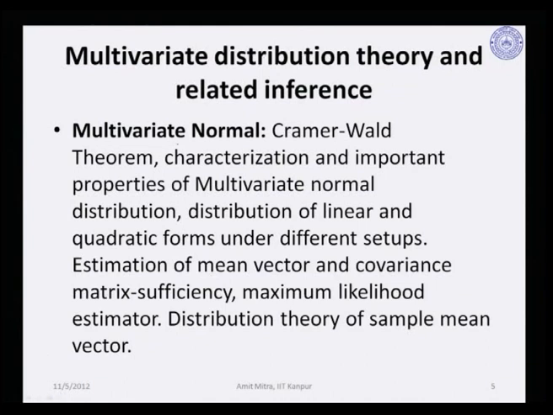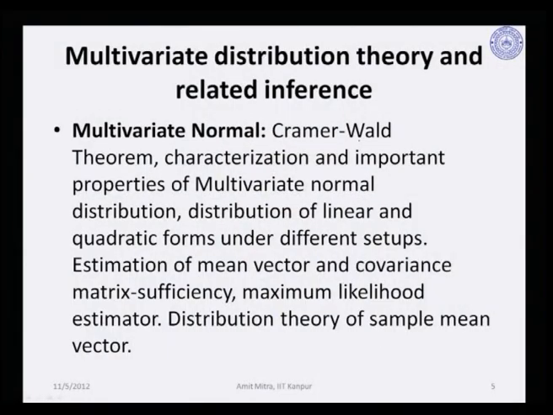Now, while looking at multivariate normal distribution, we will first start with the Cramer-Wold theorem, which says that a multivariate distribution is going to be completely known if and only if the distribution of all its linear combinations are known to us. And that is the basis with which one actually defines a multivariate normal distribution.